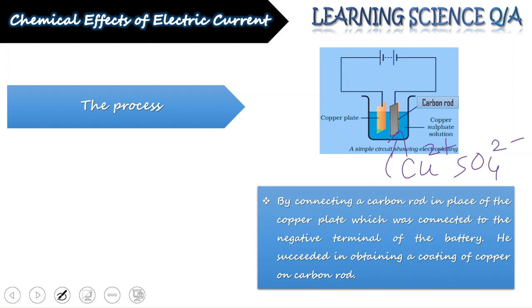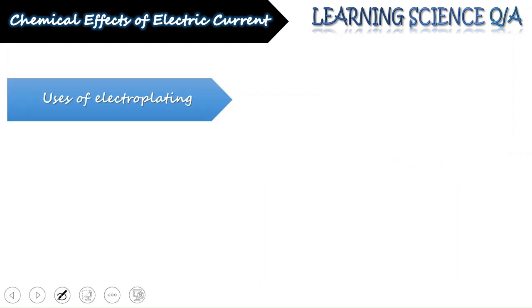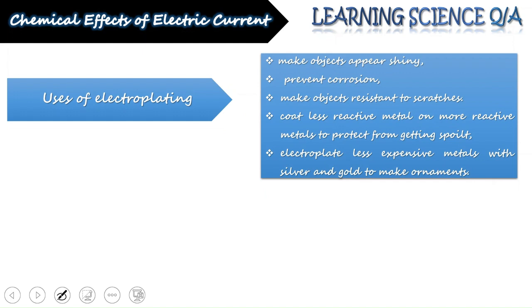Sometimes it gives luster to the metal. Sometimes it increases the life of the material. Now, what are the other uses of electroplating? It makes the object appear shinier. The metal coated over another metal is less prone to corrosion or rusting, so it prevents corrosion. It may make the object resistant to scratches.